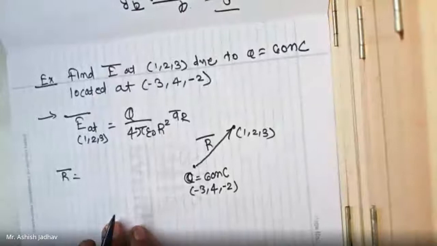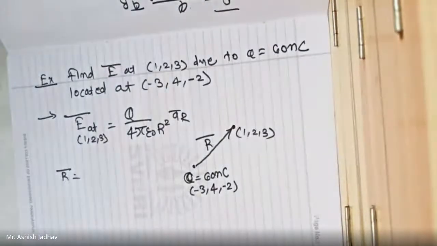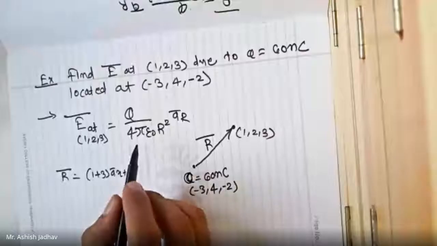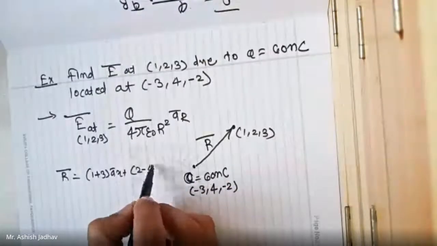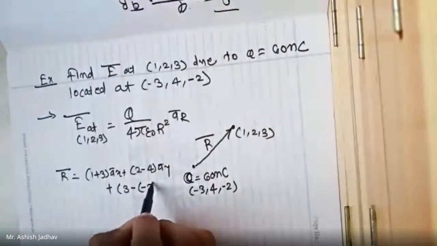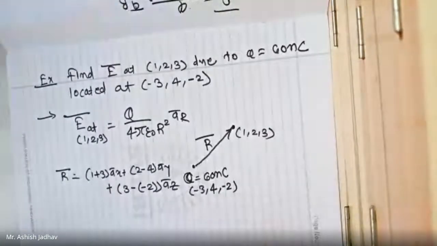R bar is equal to, who will tell? R bar is equal to (1 plus 3) a bar x plus (2 minus 4) a bar y plus (3 minus of minus 2) a bar z, right?